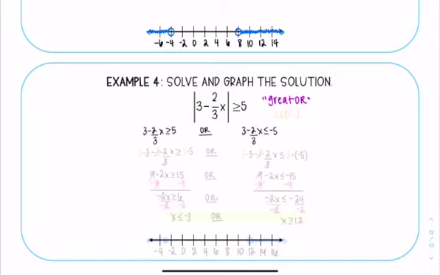And so let's go ahead and just get rid of our denominator. And our denominator, or LCD, is going to be 3. So we need to multiply everything by 3. And we're going to do the same thing for the second one.